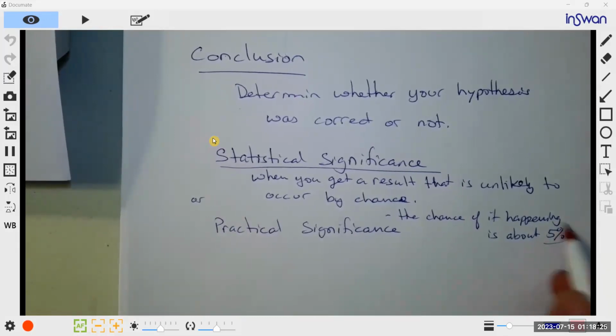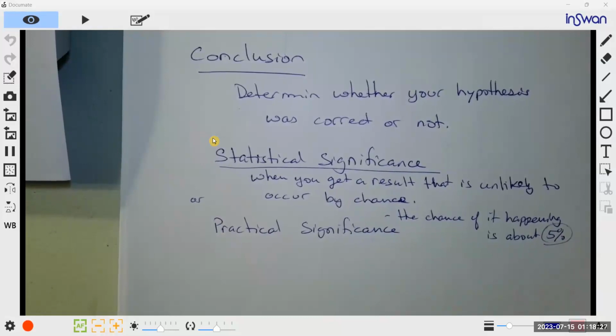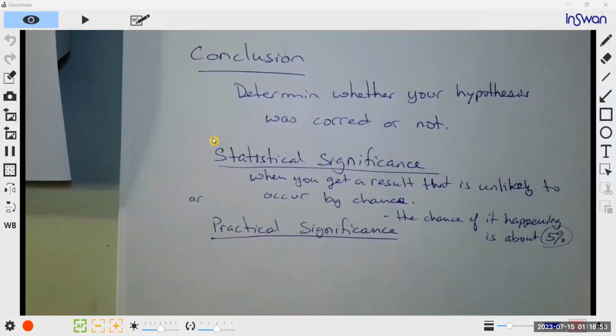And this percent will be very important later on in this book. To be statistically significant, we get a result that's unlikely to occur by chance. I mean, something was making it happen. In other words, the chance for it to really happen is about 5%, which means there's a 95% chance that it will not happen. That's the statistical significance.